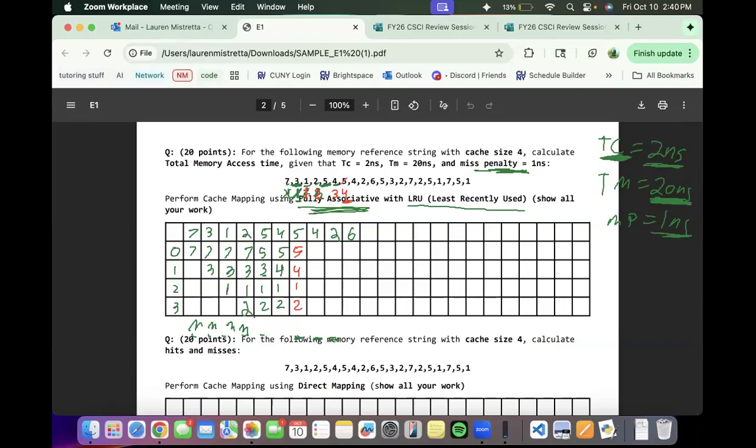Okay. And again, now we're on 4. 4 is going to be another cache hit. These guys were all misses. 4 is going to be another cache hit because, again, this guy is in here. So that's totally fine. I don't have to worry about doing a miss where I'm going to end up having to kick a value off.